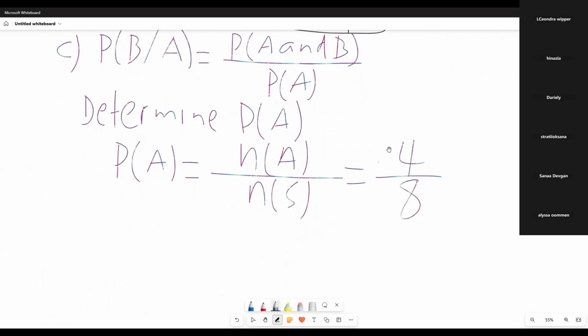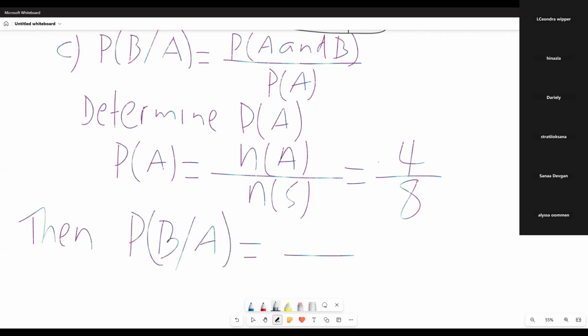Now, P of B given A. We found P of A and B before. It was 2 over 8, okay?